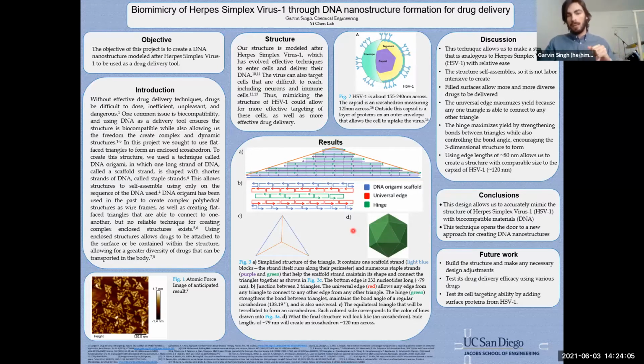But now we need to find a way to encourage those triangles to form the structure that we want it to form. Because there's a lot of different ways these triangles can connect to one another. They could just form a plane of triangles like you see down here, just a bunch laying flat. So the way that we're doing that is we're adding a hinge between the triangles.